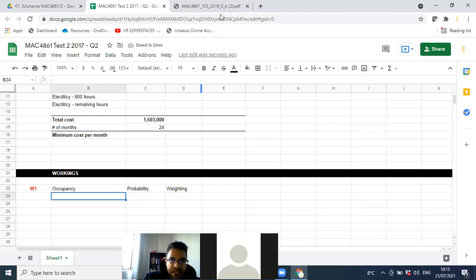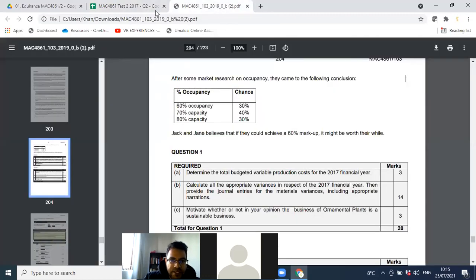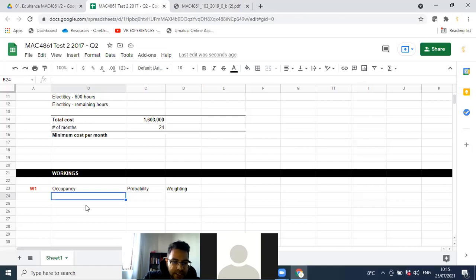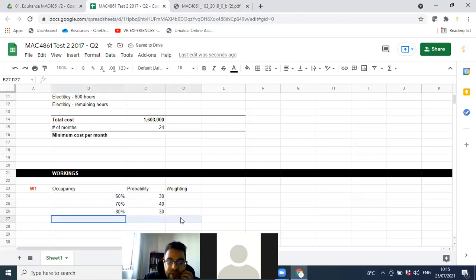So it is 60, 70, 80, then it was 30, 40, 30. Remember, we needed to add to 100.